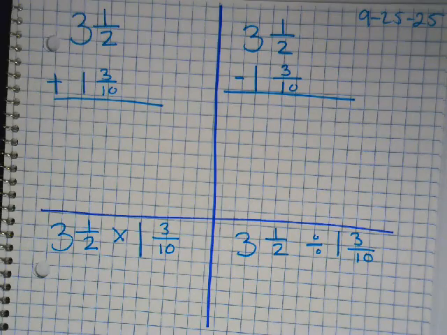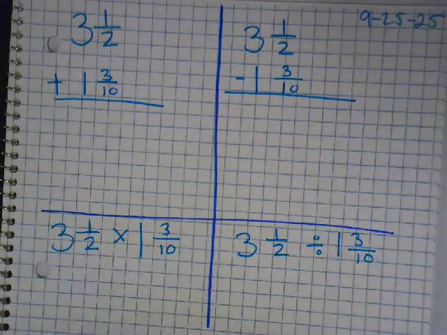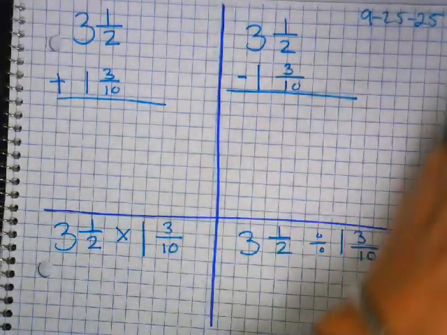No, because all your operations are different. Okay? So, very similar to your test. I'm probably going to take one of these and use it on your test. So make sure you take really good notes, because I'm going to use one of these problems on your test. And I'm going to use one of your homework problems on the test. So make sure you write everything down. So tomorrow, you know the answers.